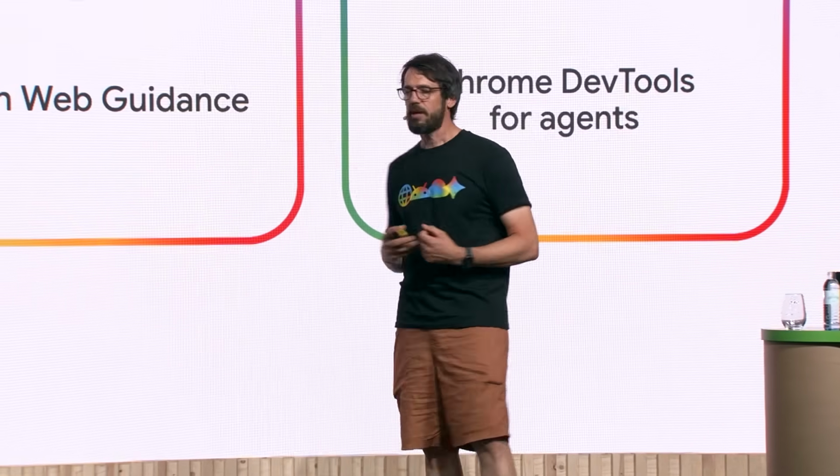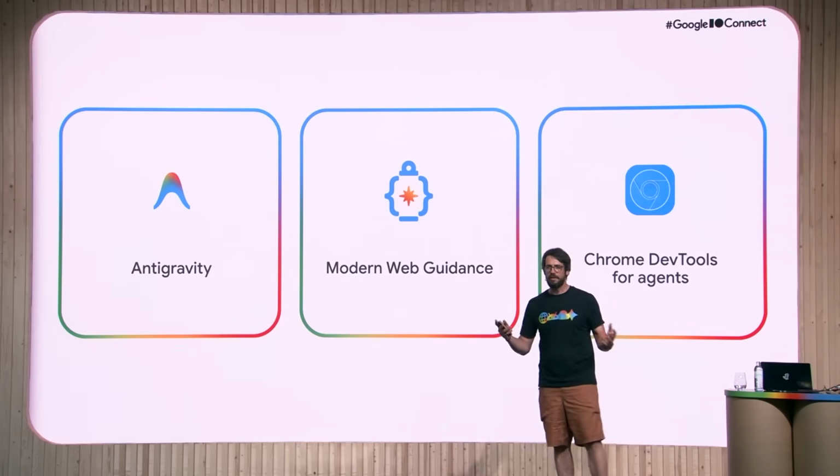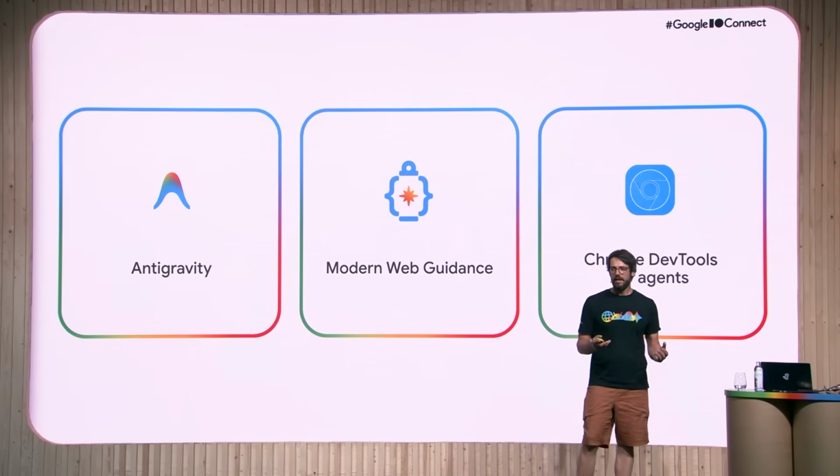So we have the Modern Web Guidance skill pack that can teach a coding agent the latest API updates and best practices for all the different kinds of web APIs. But you probably didn't know that there's also an optional Chrome extension skill included there that makes coding agents much more robust when it comes to building Chrome extensions.